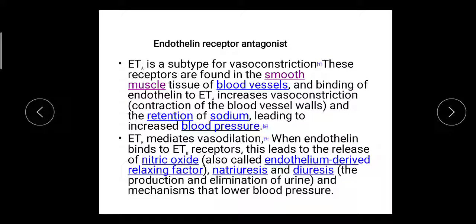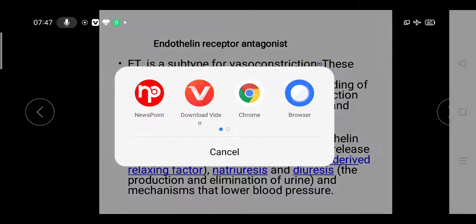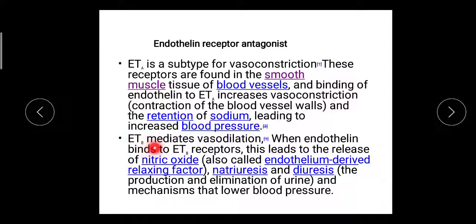They are competitive antagonists of endothelin, and they inhibit the binding of endothelin to ETA and also to ETB. Now the effect of ETB: when endothelin binds to the ETB receptor, it produces vasodilation.